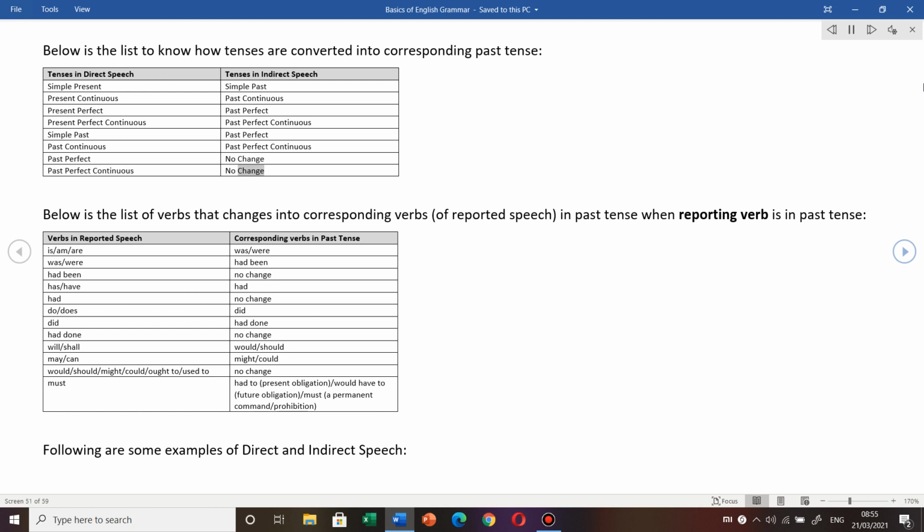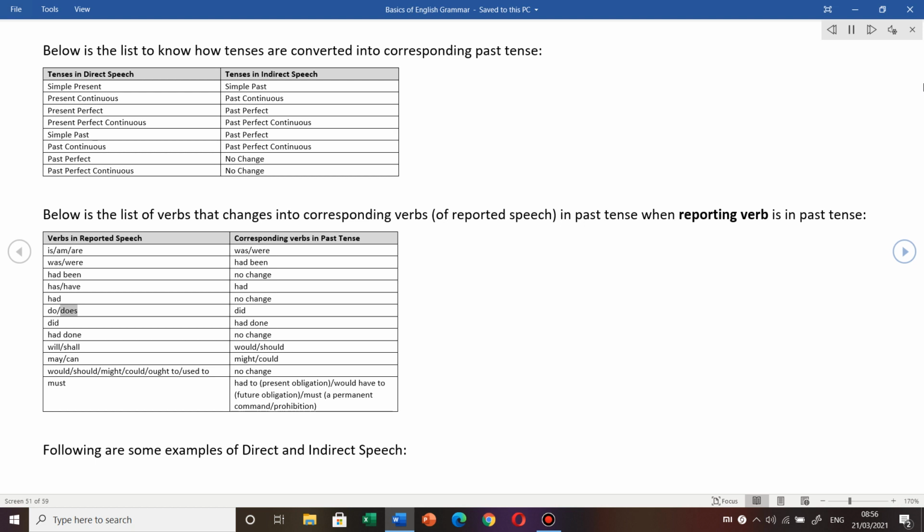Below is the list of verbs that change into corresponding verbs of reported speech in past tense when the reporting verb is in past tense. Verbs in reported speech, corresponding verbs in past tense. Is, are become was, were. Has, have become had.